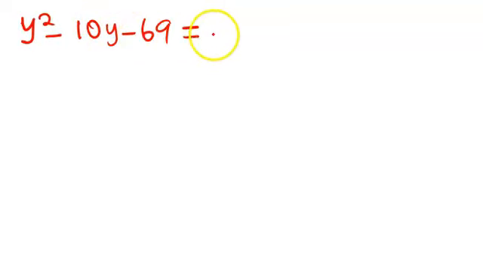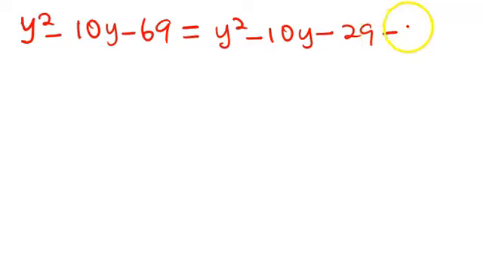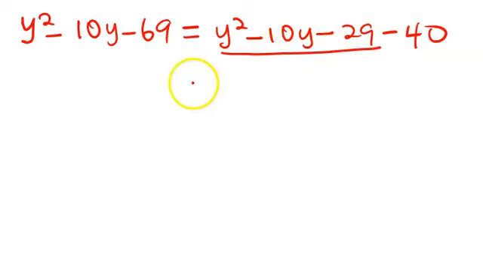Okay, let's move to the second one. y squared minus 10y minus 69 can also be written as y squared minus 10y minus 29 minus 40, since 69 is 29 plus 40. And this, we said, is x. So this one is the same as x minus 40.